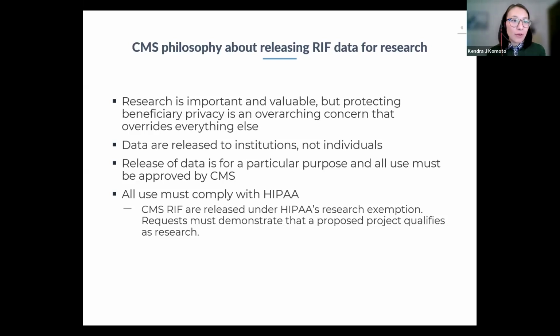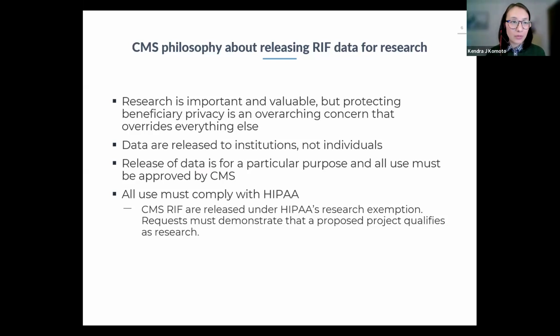We're looking for creation of information about the association between things, so testing a hypothesis about the role of or the association with things. And you can't just have methods; you have to be applying methods. Finally, if you're an innovator or for-profit organization doing any tool or product development, it has to be secondary to the plan to use the data to answer a research question.